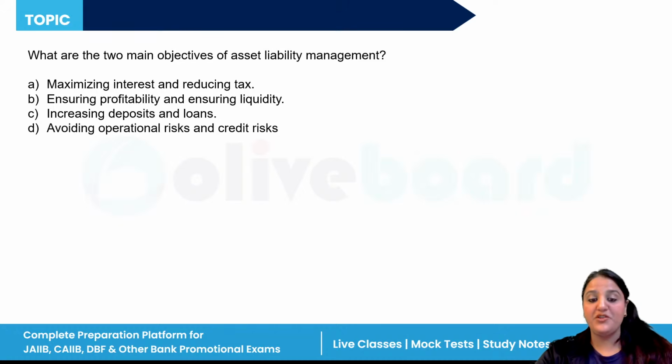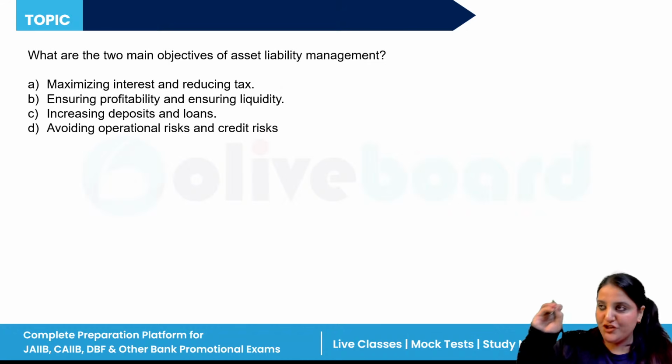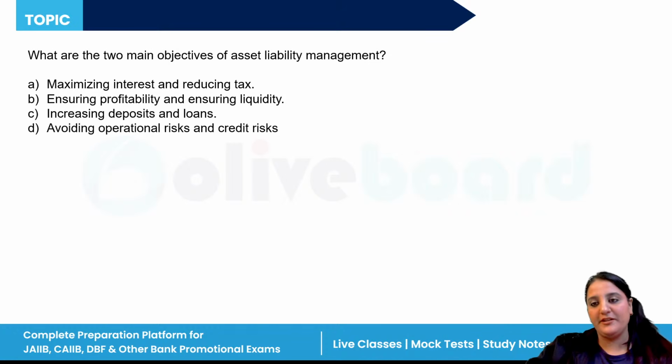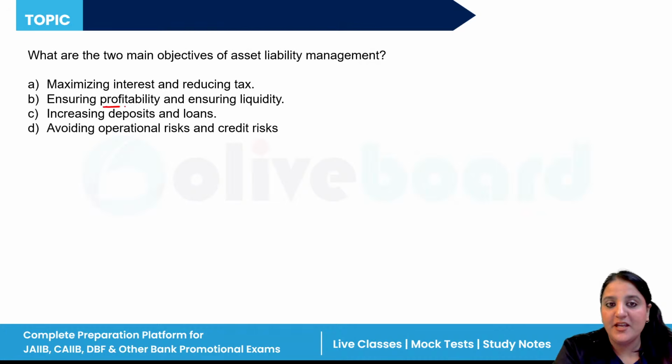What are the two main objectives of asset liability management? Only two objectives: ensuring profitability and ensuring liquidity.